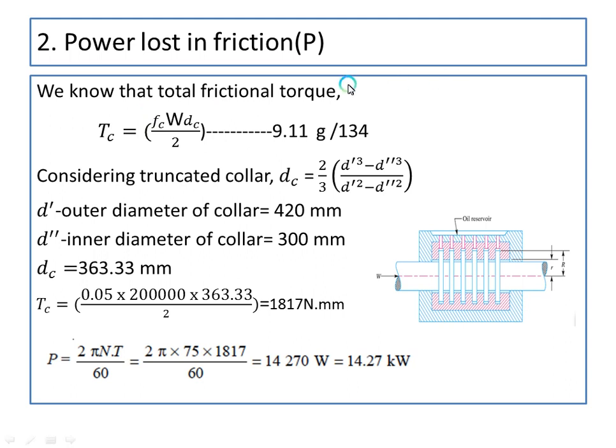So we can have that equation 9.11 g, page number 134, where you can get the equation for torque on the collar, which is Fc into W into dc by 2, where Fc represents the coefficient of friction of the collar, W is the load which is acting axial to the direction of the shaft, and dc represents the diameter of the collar.